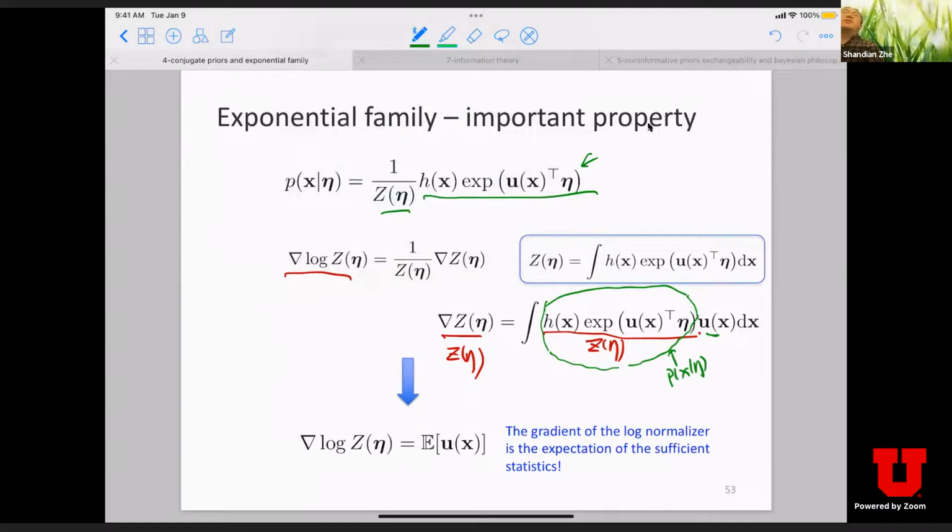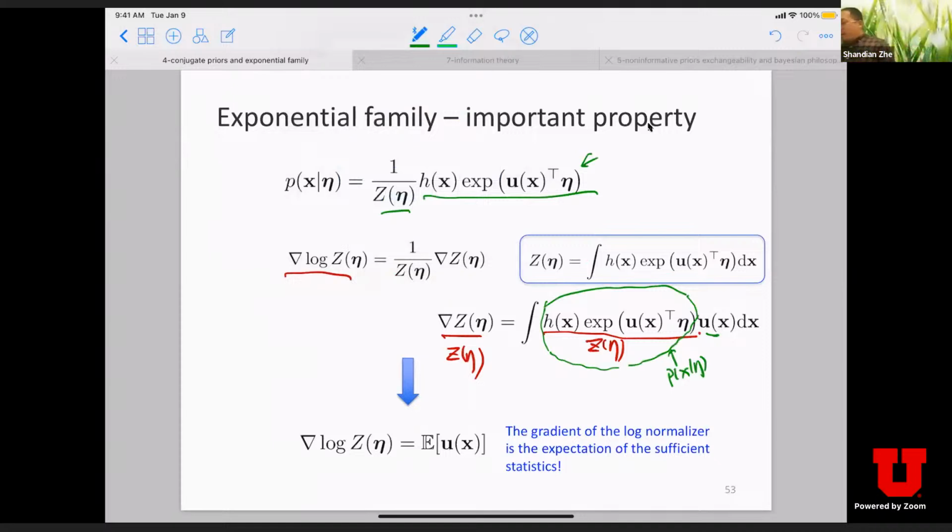What does it mean? You integrate the probability density with some function of the random variable. Yes, it's the expectation. It's the definition of expectation.